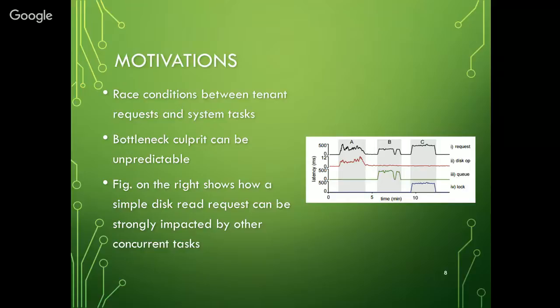Double I is the disk operation, which is the latency of data node disk operations. The Q is the latency at the name node RPC queue, and the last one would be the lock operation, which is the latency to acquire the name node's name system lock.